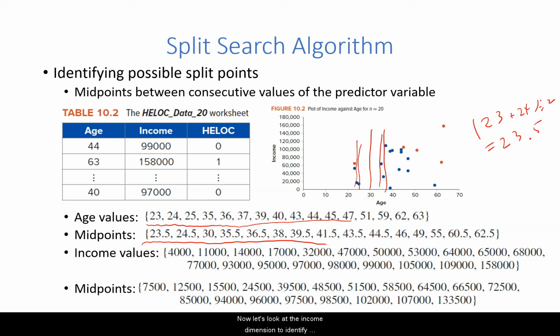Now let's look at the income dimension to identify candidate split points on income dimension. We first sort all distinctive income values in ascending order, resulting in a data array with 20 values. And then we compute the 19 midpoints to create the second array.